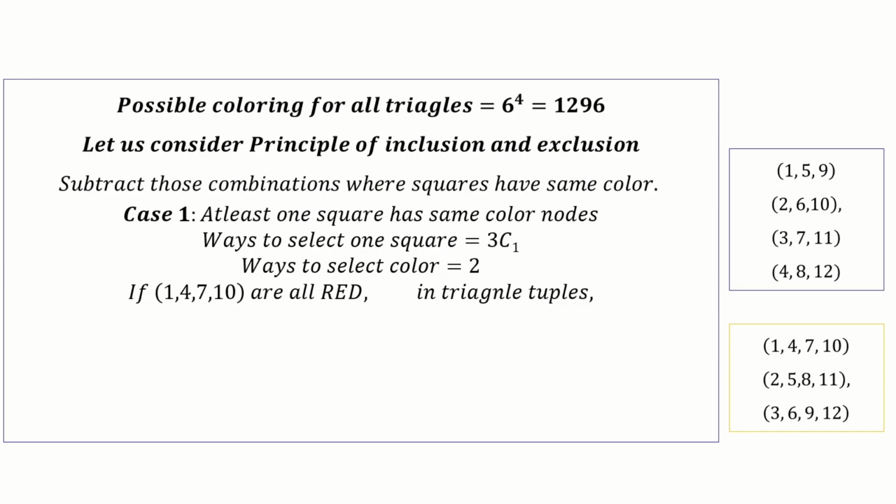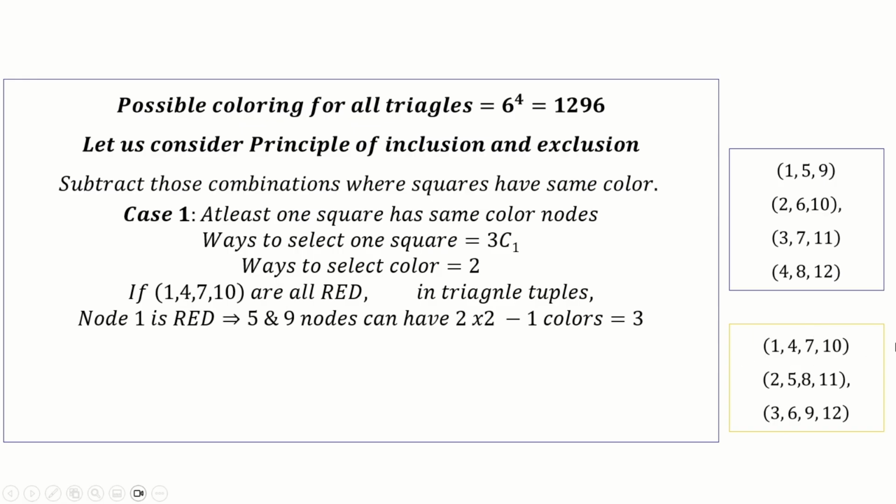Let's say 1, 4, 7, 10 is all red. If this is all red, go to the triangle tuples. If 1 is red, 5 and 9 can have any of the 2 colors, so 2 into 2, 4 colorings, but they cannot both be red, so I am subtracting 1.